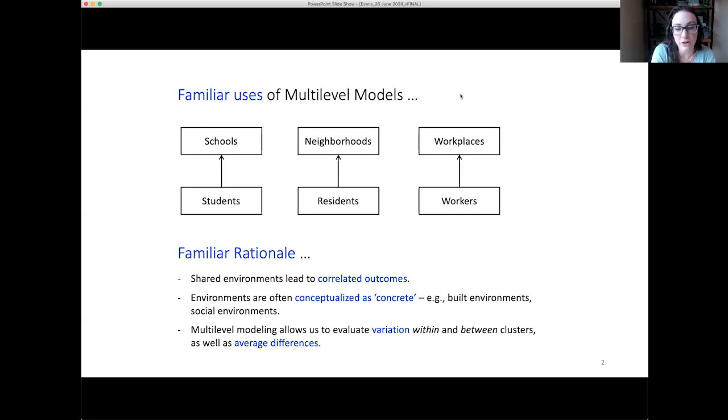So we can think about variation around these averages, both within a school, for instance. We can have variation and inequality among kids within a school, and we can also have variation across clusters of schools. So we get to think about variation as well as average differences, which is a nice feature here.